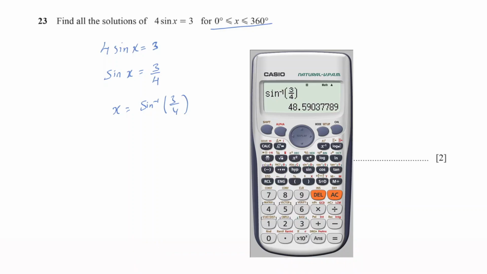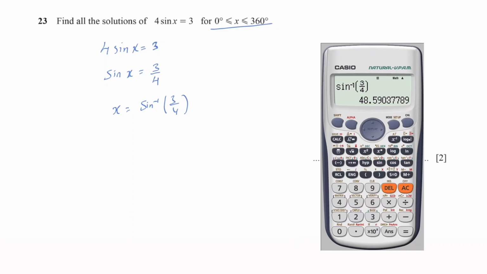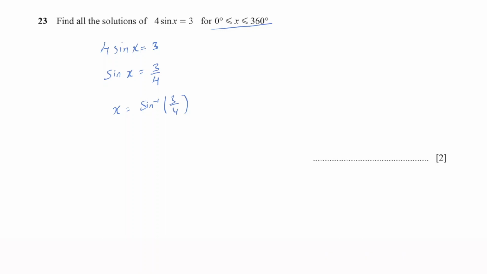Okay, so 48.59, or we can even write 48.6. So one of the values of x is 48.6, which lies between 0 and 360, right?